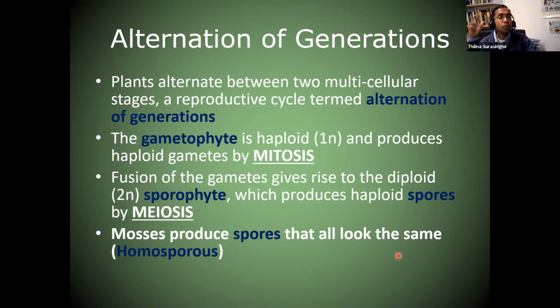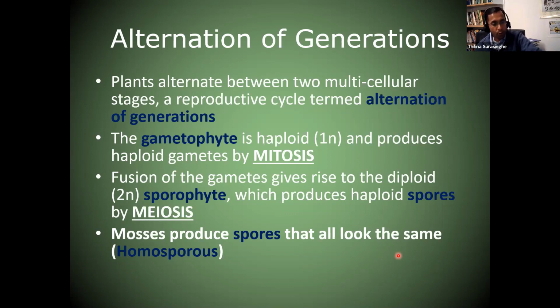And the job of the sporophyte is to produce spores, and those spores are going to be haploid. So the cell division process is going to be meiosis. And meiosis is a cell division process where your genome is halved, right? So you start with 2N, you end with 1N.